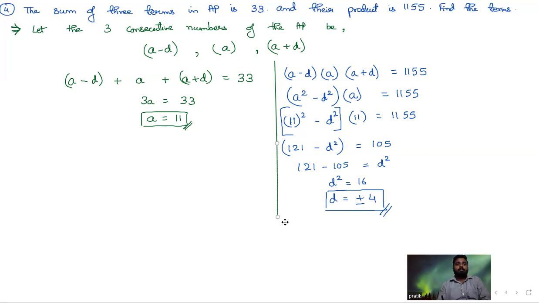So in the initial case, let's consider what we have to find. We have to find the terms. So let's consider D to be negative. A cannot change. D to be negative, that is minus 4.